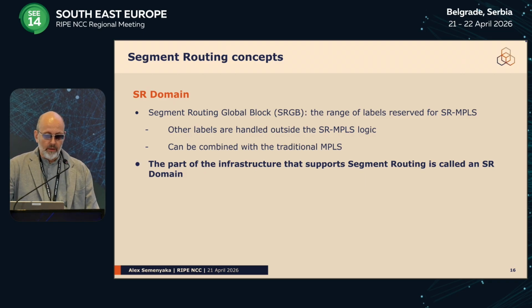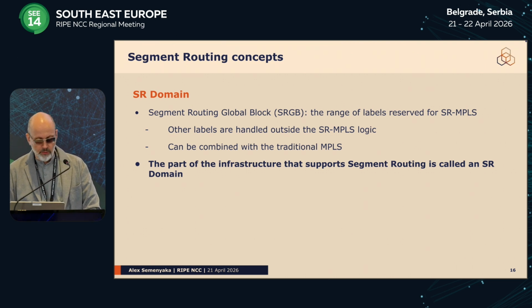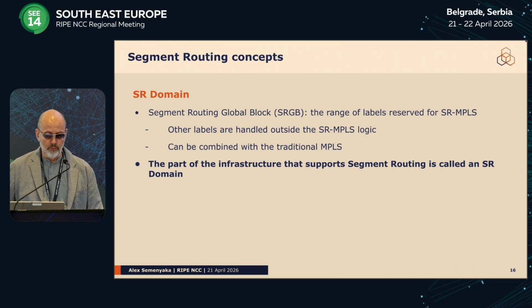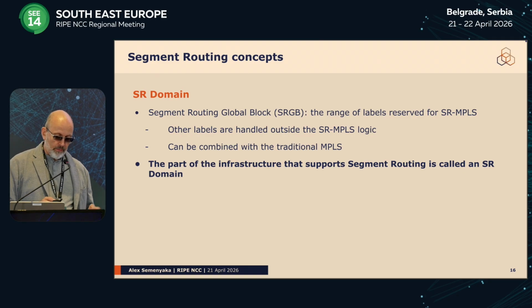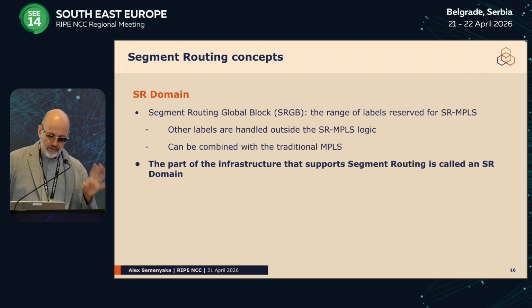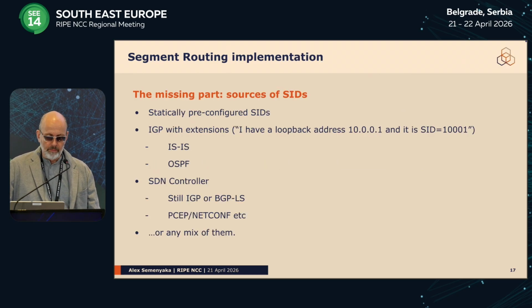And we are using specific labels there, which are treated in a specific way. MPLS knows that this range is devoted to segment routing, and it can be combined on the borders with traditional MPLS. So that's a simple but really important concept, which I will refer to later.